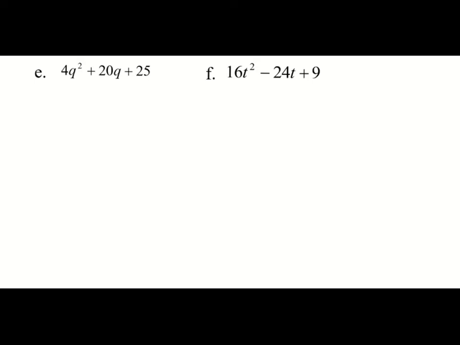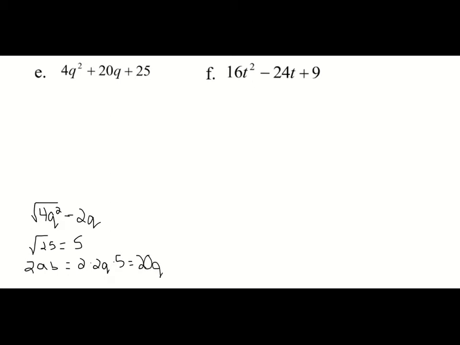First, I'm going to look at the square root of 4q squared, and I know that's 2q, and the square root of 25 is 5. So now if I look at 2ab, if I multiply 2 times 2q times 5, that's going to give me 20q, which is that middle term.